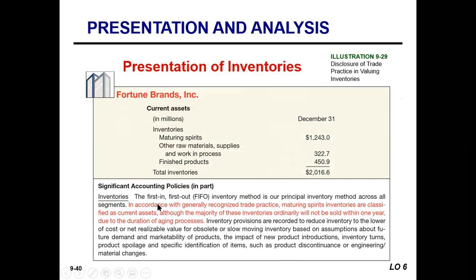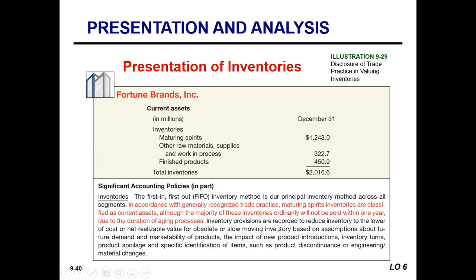It says, the first in, first out inventory method is our principal inventory method across all segments. In accordance with generally recognized trade practice, maturing spirits inventories are classified as current assets, although the majority of these inventories ordinarily will not be sold within 1 year due to the duration of the aging process.